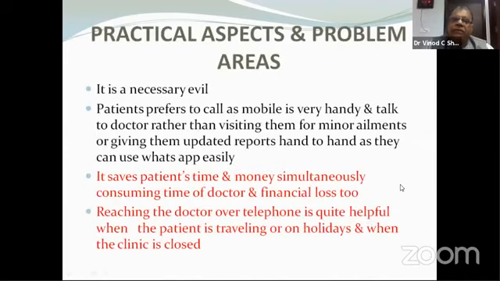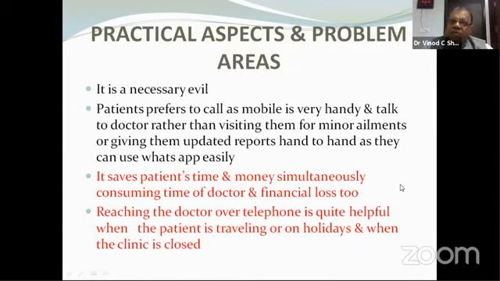So, practical aspects and problem areas. It is a necessary evil. Whether we wish or not, we have to talk with our patients. The patient prefers to call, as his mobile is very handy, and talk to the doctor rather than visiting for minor ailments or for giving updated reports hand to hand, as they can use WhatsApp easily.